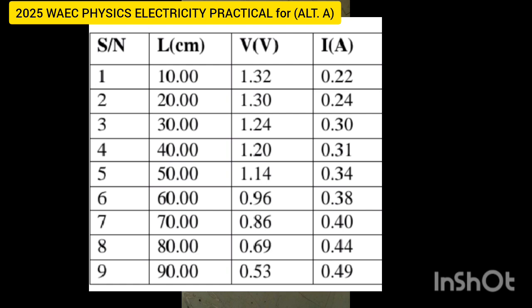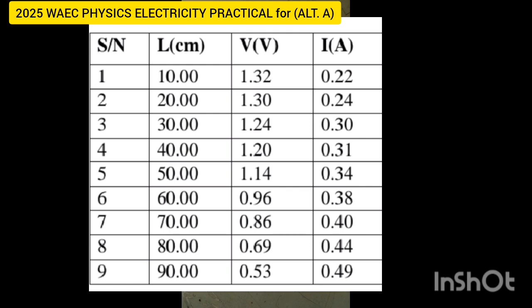While for current, since current is increasing, you can start from 0.1 or 0.2, 0.3, anywhere down to, make sure you don't exceed 1. You don't even get to 1. So that is the easiest way of doing this practical.